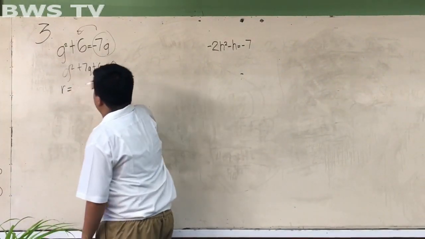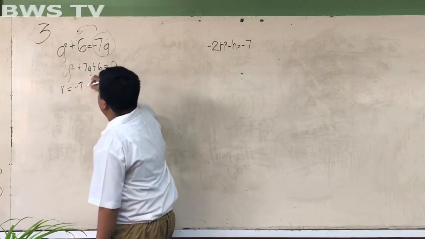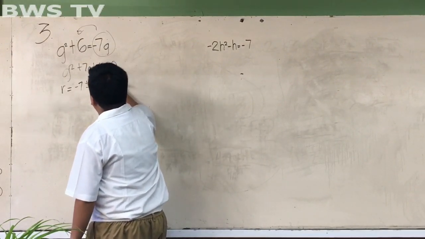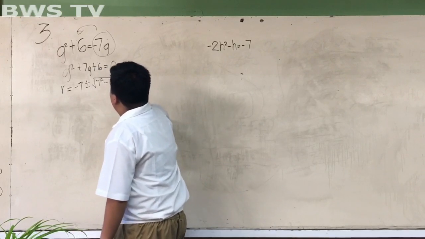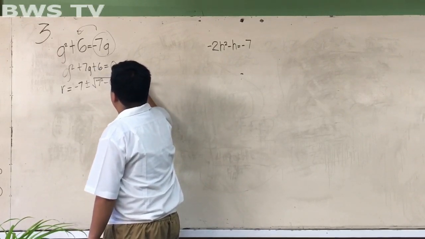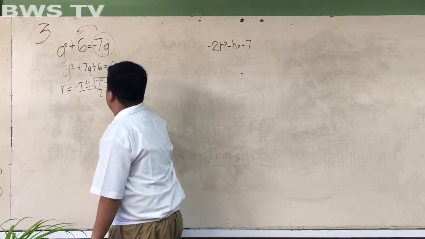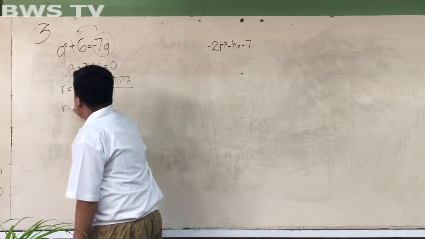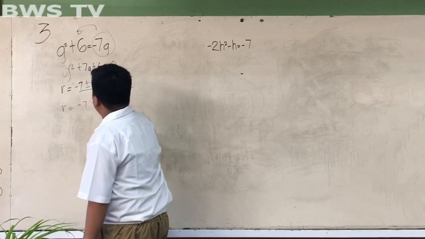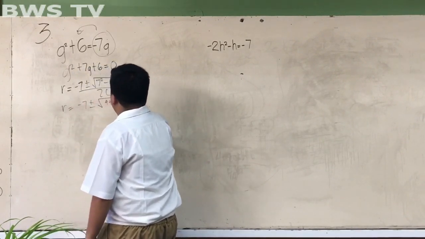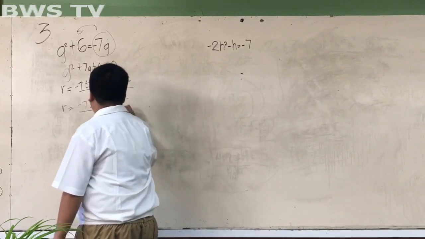r is equal to negative 7 plus or minus the square root of 7 squared minus 4 times 1 times 6 divided by 2 times 1. Then r is equal to negative 7 plus or minus the square root of 49 minus 24 divided by 2.